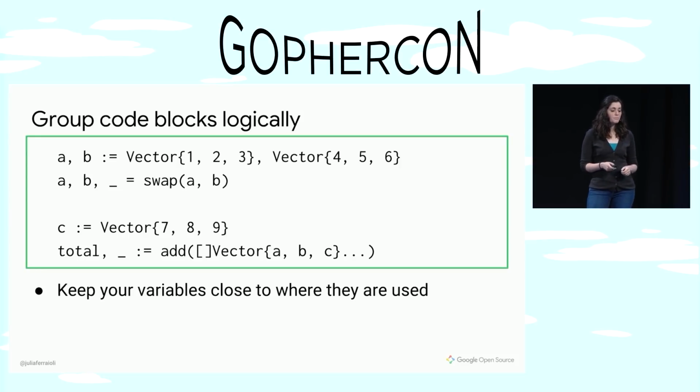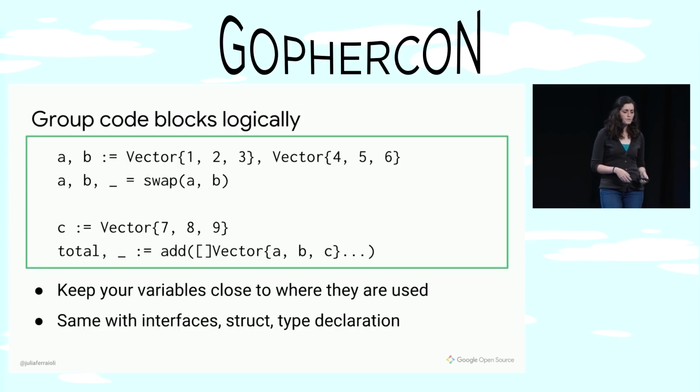So you want to keep your variables close to where you actually make use of them. It does take a little bit longer to read than the 3 lines of code before, but it's all about reducing the amount of information that you have to keep track of. And the same goes for interfaces, structs, and types, et cetera. All of your code should be logically organized.